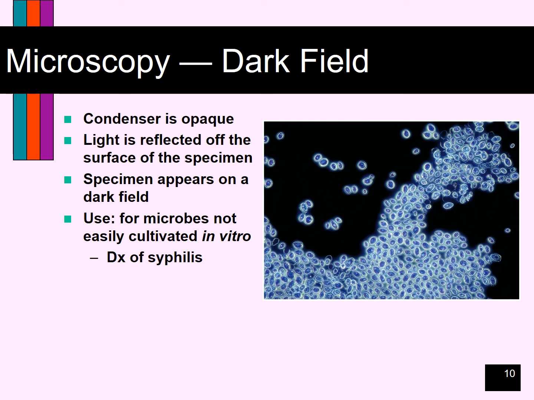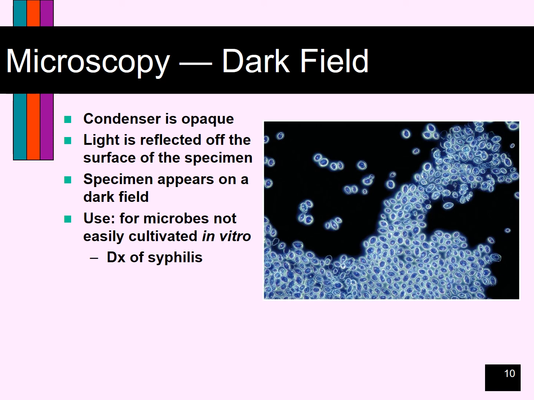of syphilis. Syphilis is caused by a spirochete called Treponema pallidum, and Treponema pallidum is not easily cultivated in vitro.